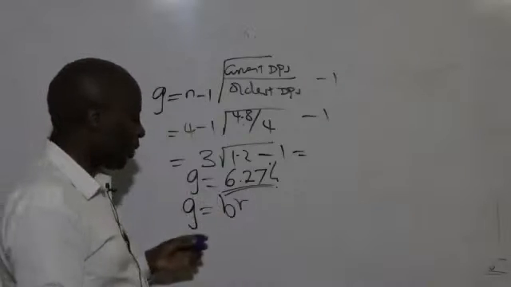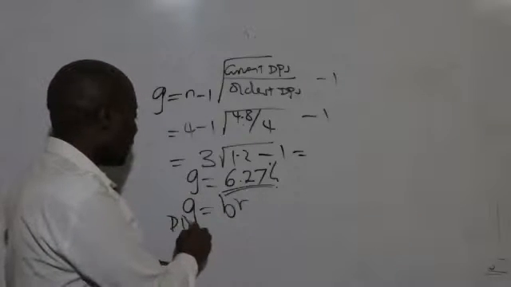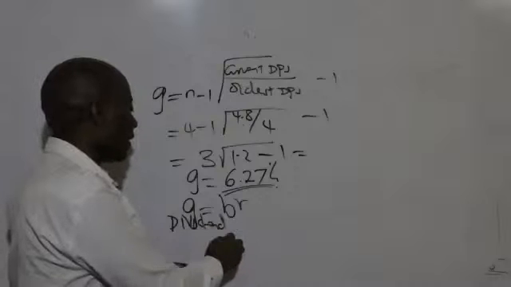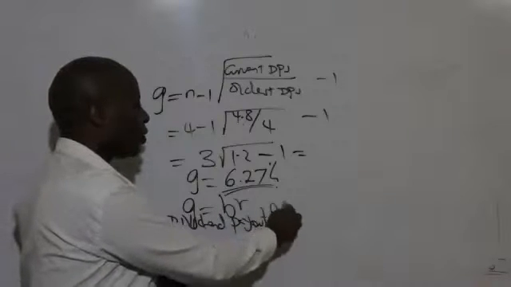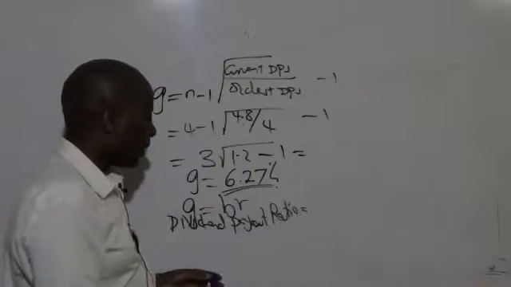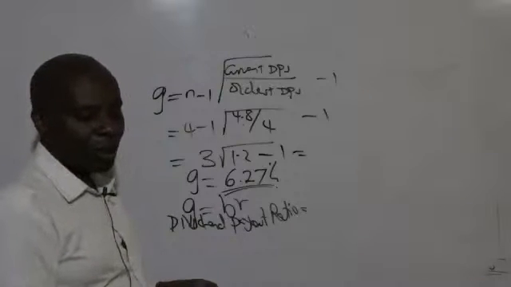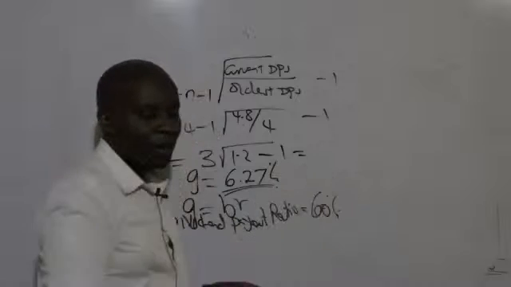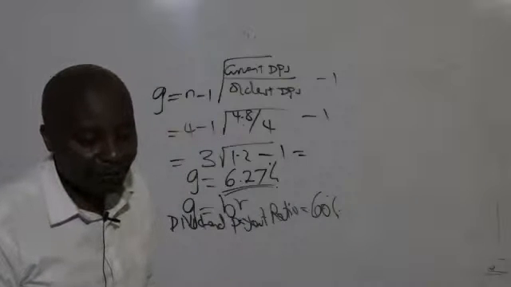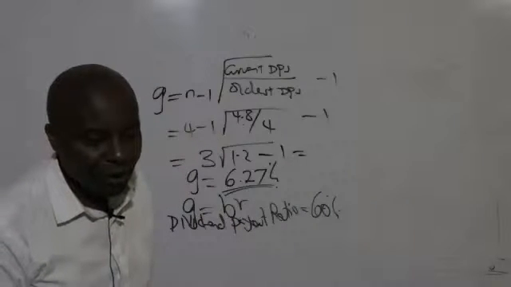And unfortunately, this examiner has given us the dividend payout ratio. The examiner has told us the dividend payout ratio is 60%.